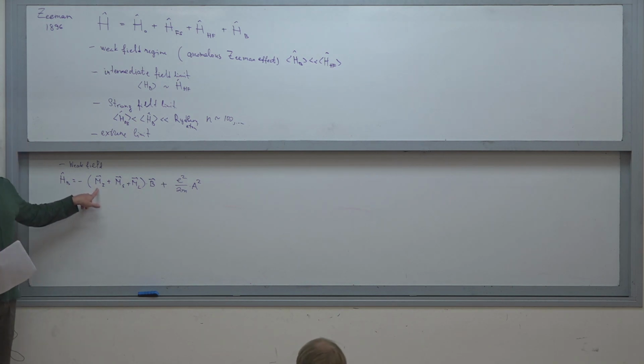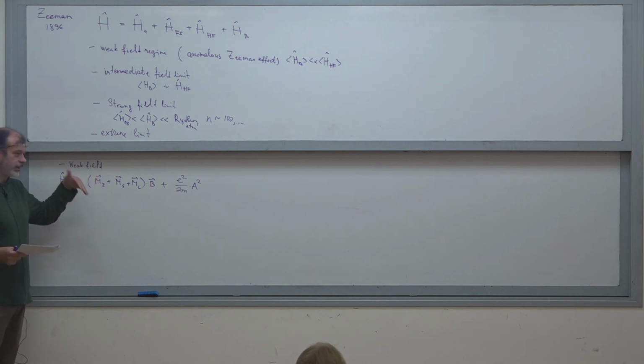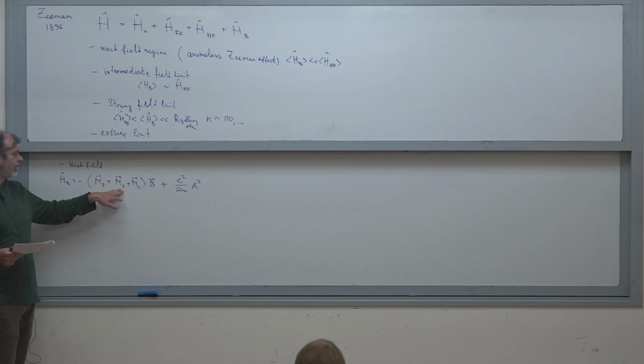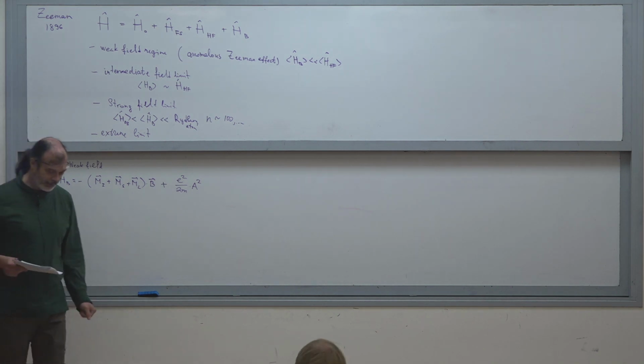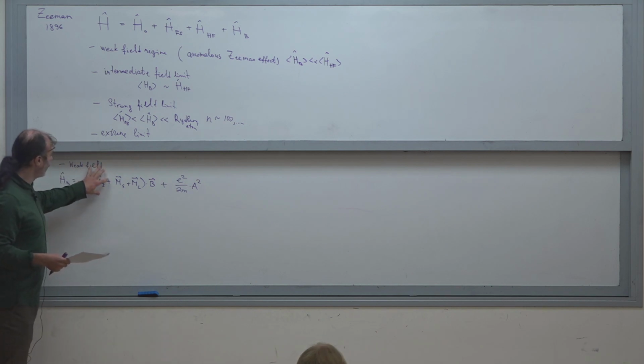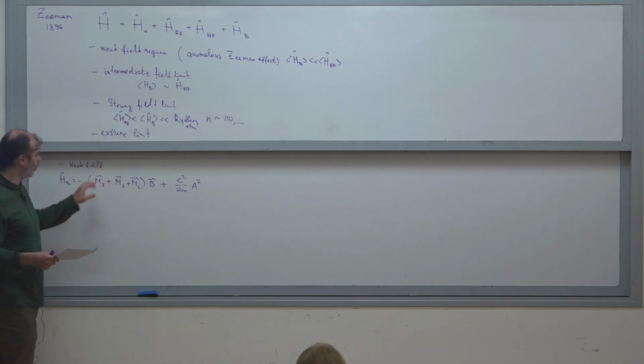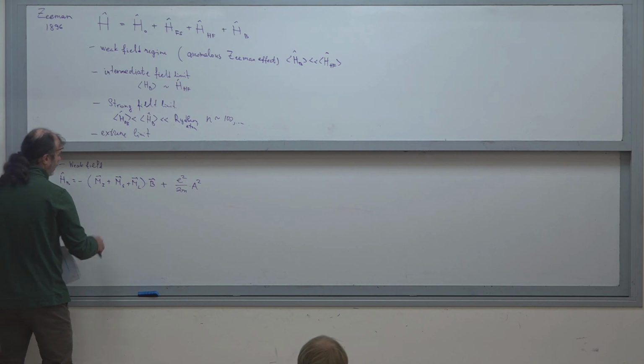The magnetic moment of the nucleus is very small, about 2,000 times less than the magnetic moment of the electron spin, so we can neglect that. What is left is only this term.